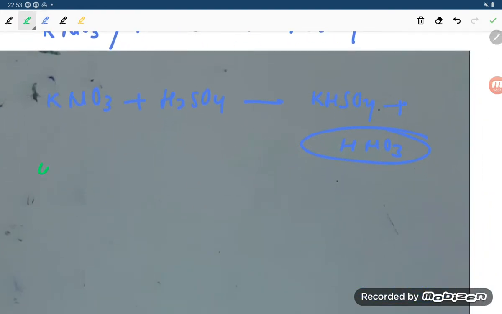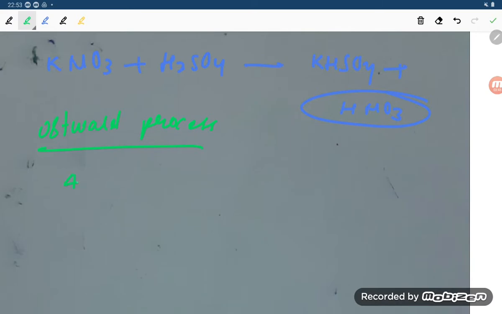The next method is known as the Ostwald process, which involves many steps. Firstly, ammonia gets oxidized, forming nitric oxide, NO, plus water.